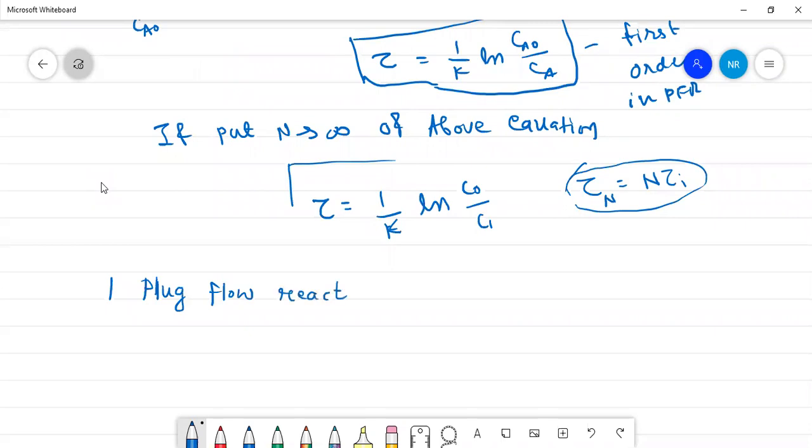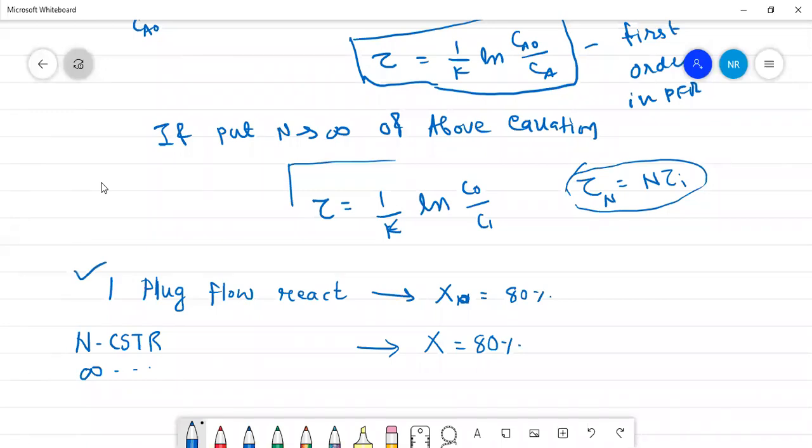If I have one plug flow reactor and whatever conversion I am getting here, for example 80%, then instead of it, if I put n CSTR, or infinity number of CSTR, I'm getting the same conversion of 80%. If I take one plug flow reactor, it's 80%.